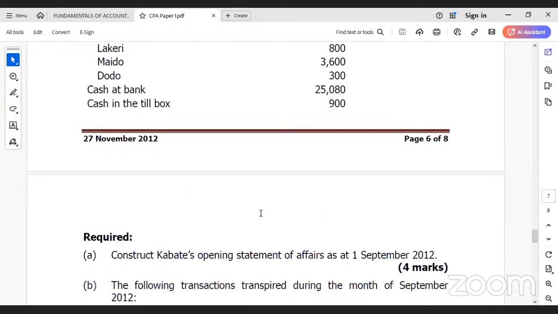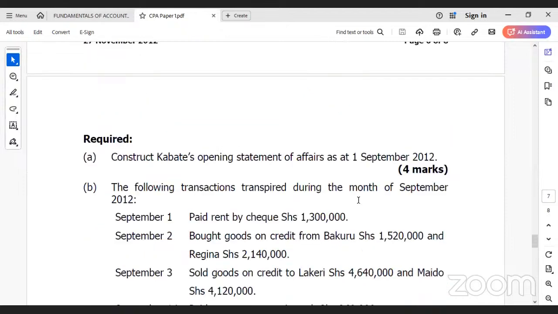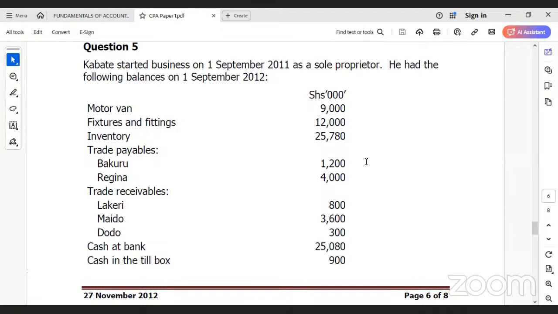So, meaning that before we even look at the transactions that transpired during the month of September 2012, these accounts already exist. They're already there because we see they have balances for all these accounts.